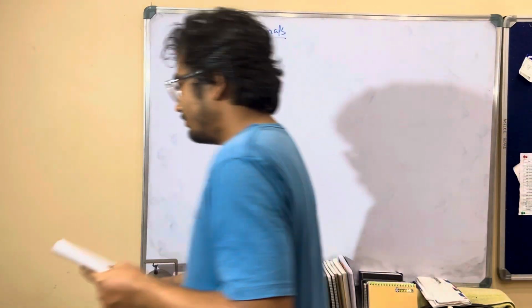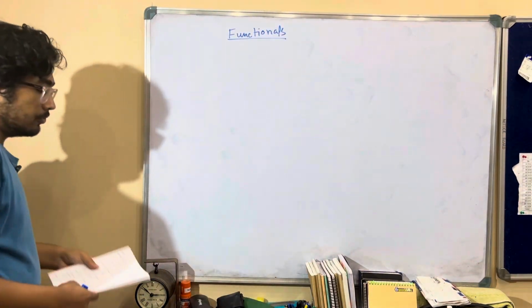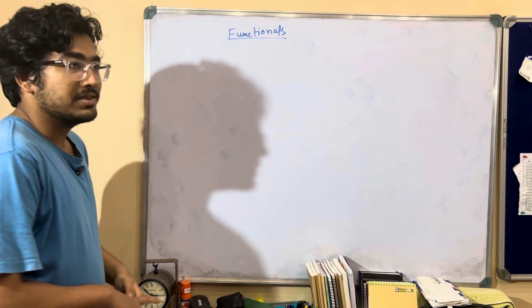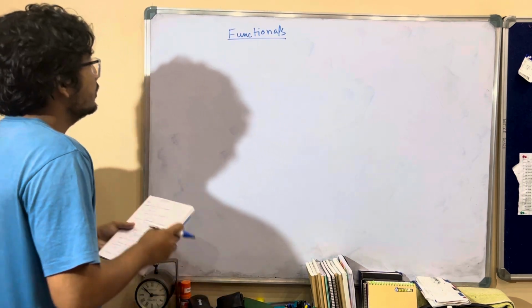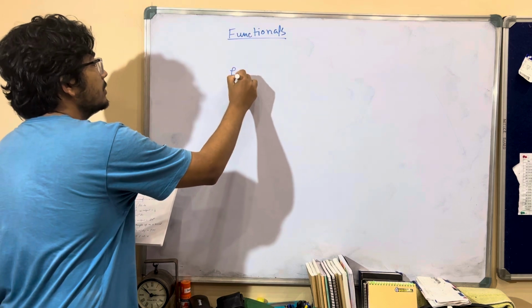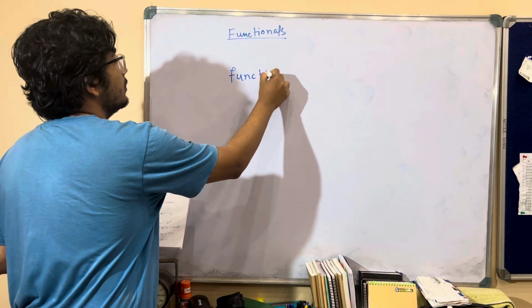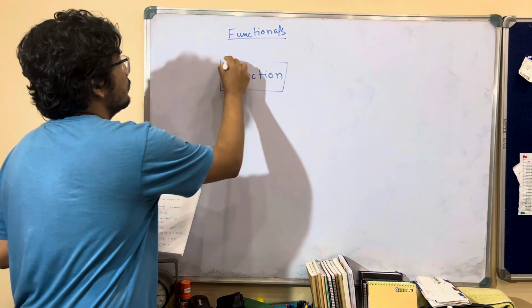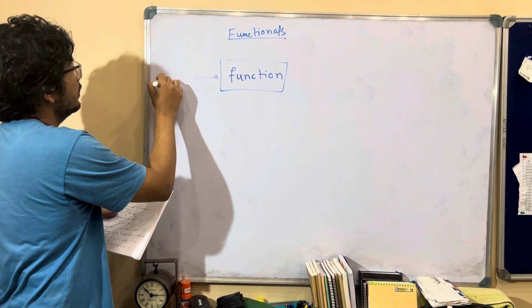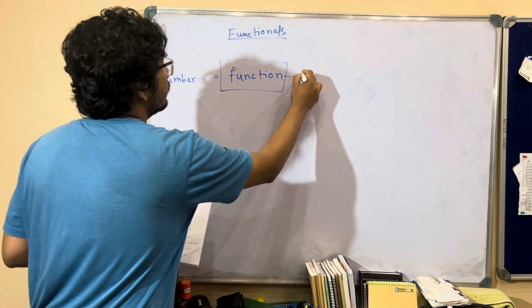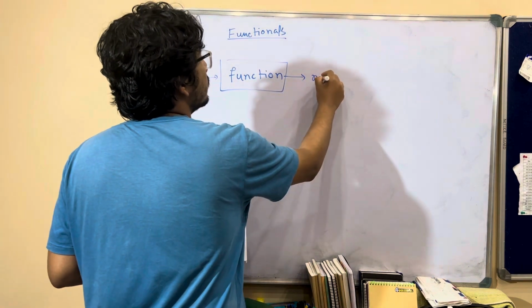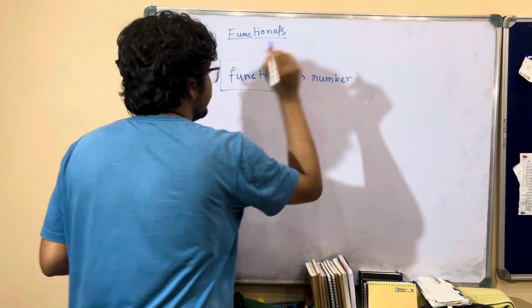I am hoping that you already know what a function is, but still I am going to introduce it. Basically, a function is a machine where if you input a number, it will give another number as an output.